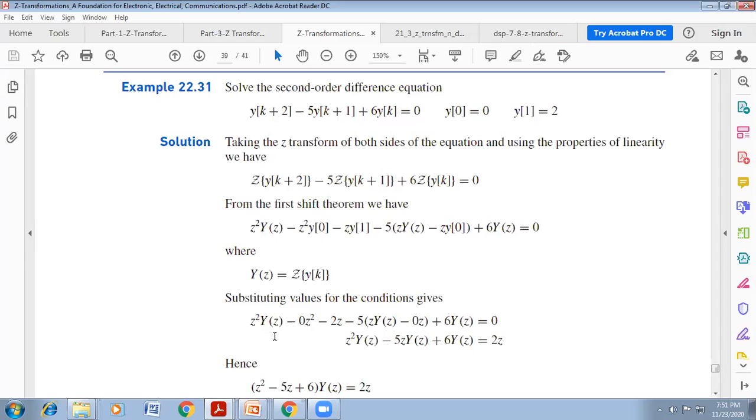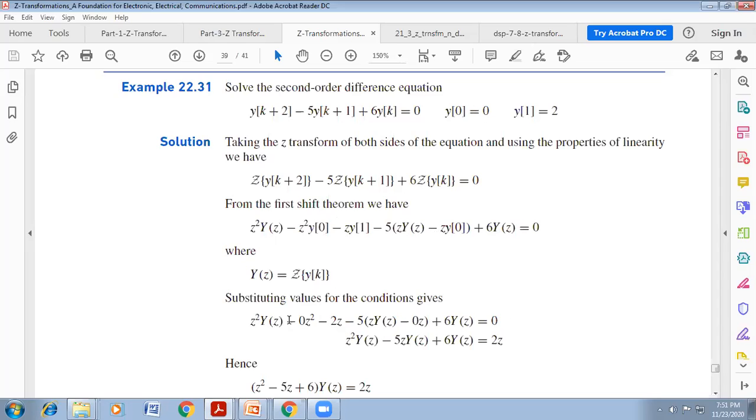Now substituting the initial conditions given: z squared Y(z), and y0 is 0, so it becomes 0 into z squared. Now y1 equals 2, so this is 2z. Now this becomes 5 into z Y(z) minus 0 into z, because y0 equals 0, plus 6 into Y(z) equals 0.